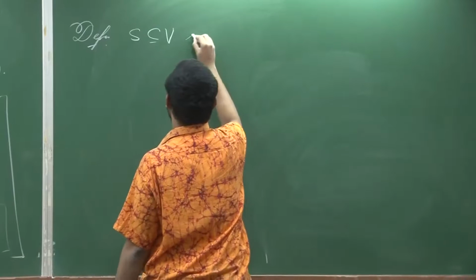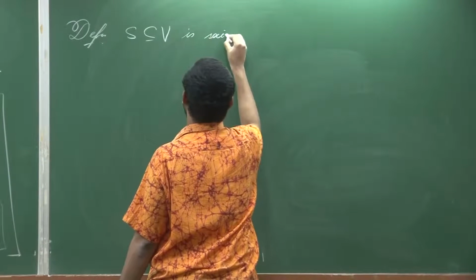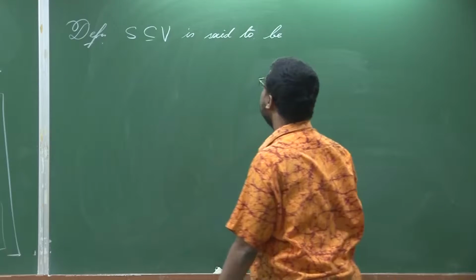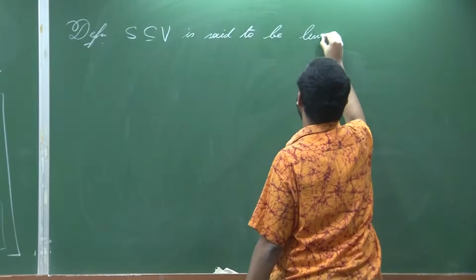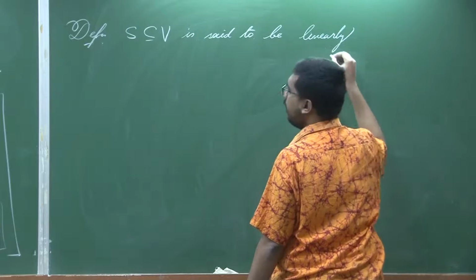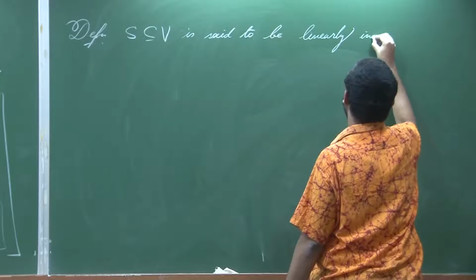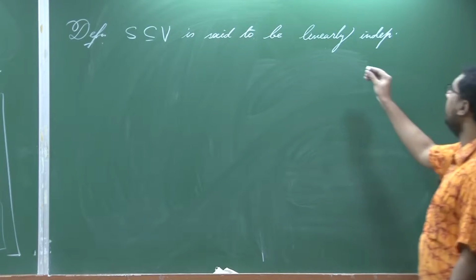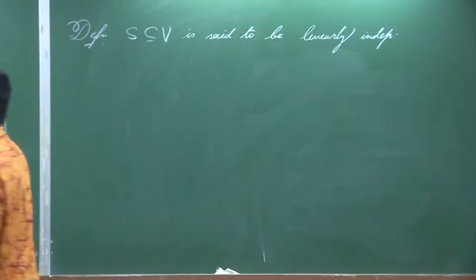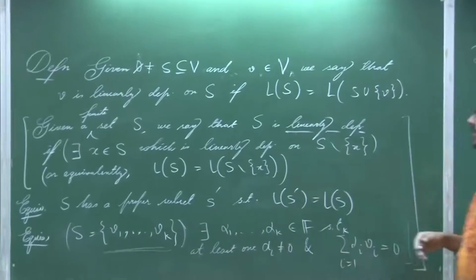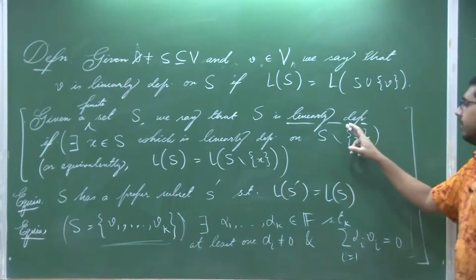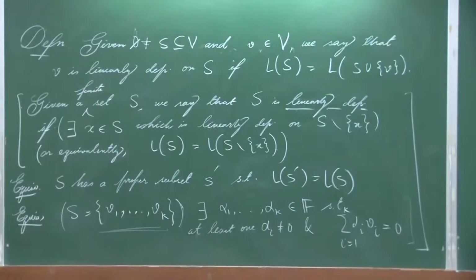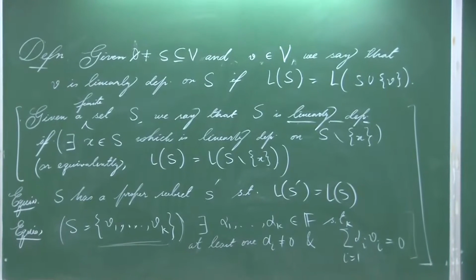I repeat, the sense of the word linear dependence is that the set has an element which is expressible as a linear combination of the other elements, that is, that element is linearly dependent.